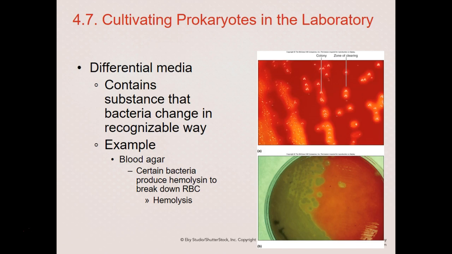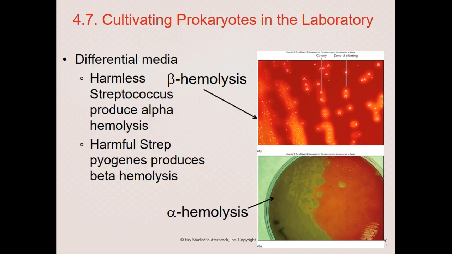We also have differential media. Differential media are media that contain extra substances that help us to separate organisms by how they ferment or how they do something. An example is blood agar. Blood agar is a differential media that allows bacteria to grow, but it differentiates them on how they break down blood. So Streptococcus pyogenes, that's how I like to say it, is your harmful strep that causes strep throat.